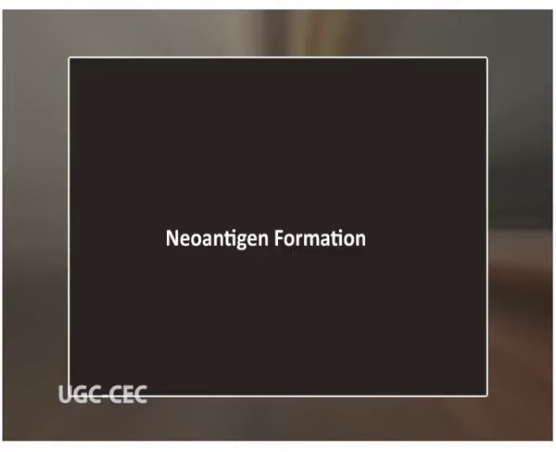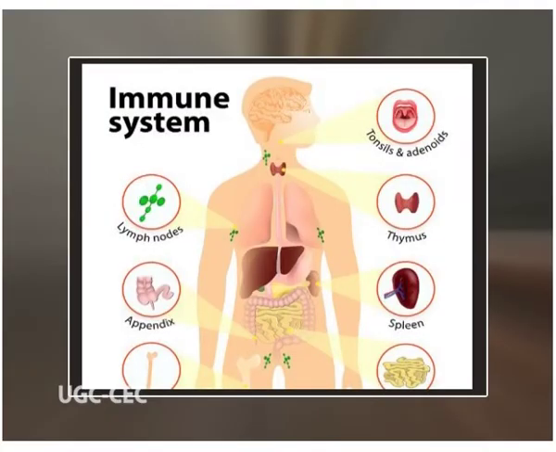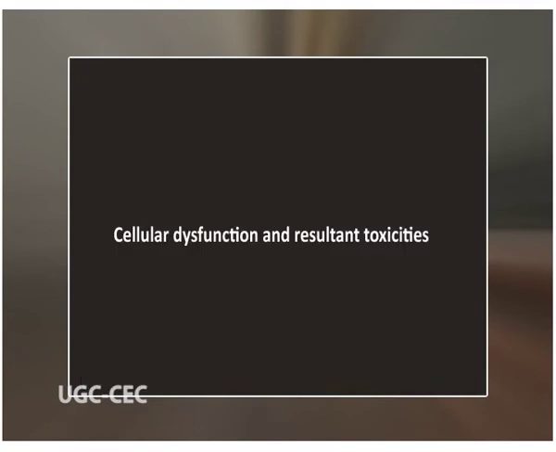Number third is neoantigen formation. In some individuals, xenobiotics covalently bound to a protein carrier, the adducts, act as a hapten, evoking an immune response from the immune system. And number third step is cellular dysfunction and resultant toxicity. The reaction of a toxicant with the target molecule may result in impaired cellular function. Normally, each cell has defined programs.